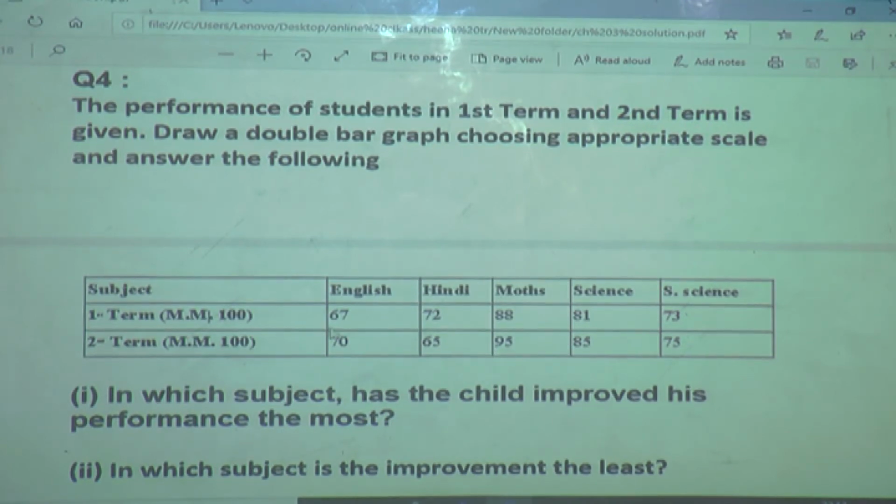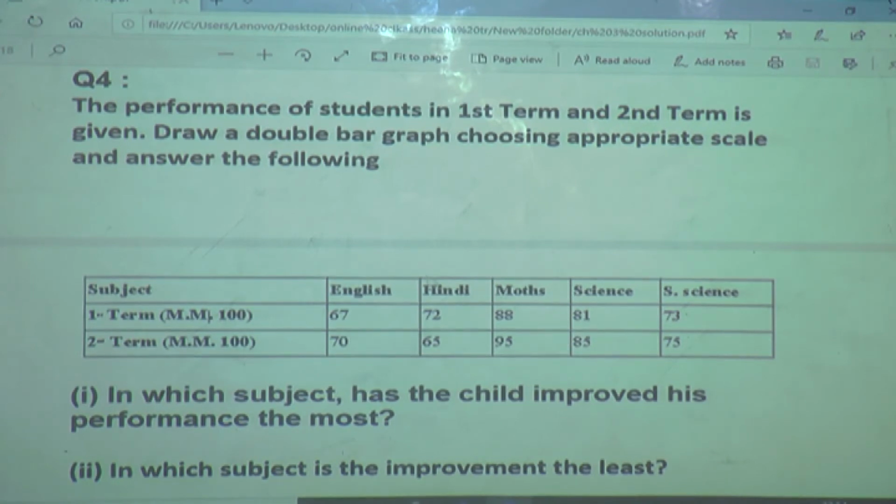Because we have two data for the subject English, 67 marks in the first term and 70 marks scored in the second term, we have to plot the graph. Since we have two data, it will be a double bar graph.